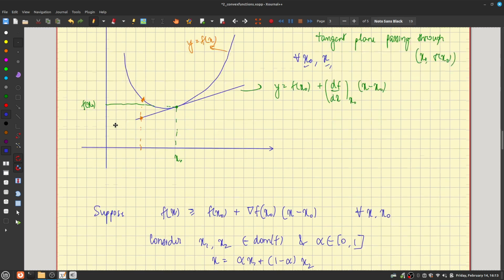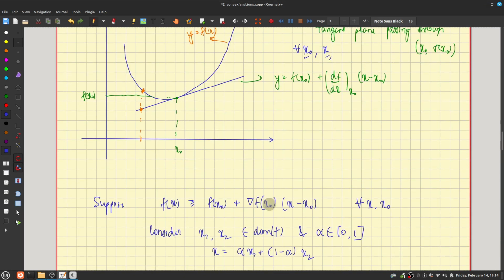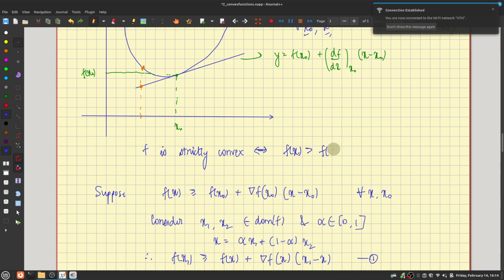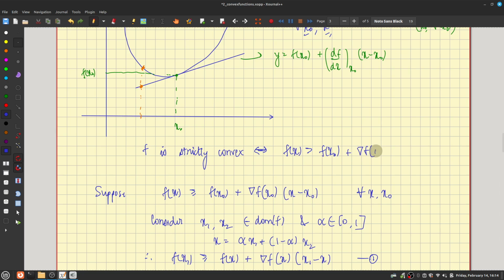So let me write this down here. f is strictly convex if and only if f of x is greater than f of x naught plus the gradient of f at x naught transpose times x minus x naught for all x not equal to x naught.